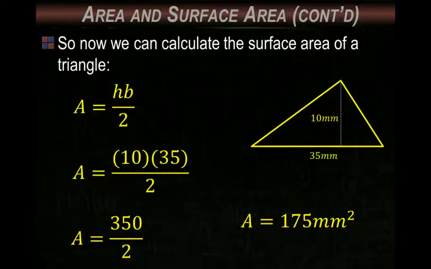So surface area with a triangle is a little bit trickier. You got to kind of figure out what's going on there. So if a teacher doesn't give you this height, you can't answer the question. You can't figure out what the area is until you get that number.